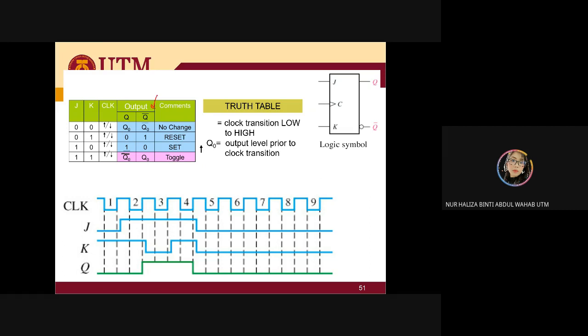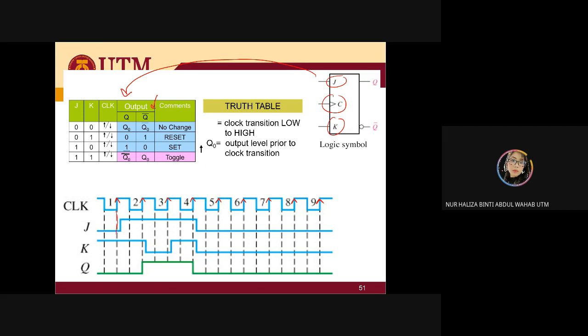Okay, let's check the example here. We have the JK flip-flop, and we need to remember our table. Now it is a positive clock, so we only look at the changes at this side.